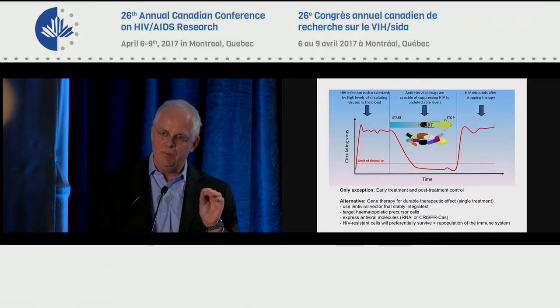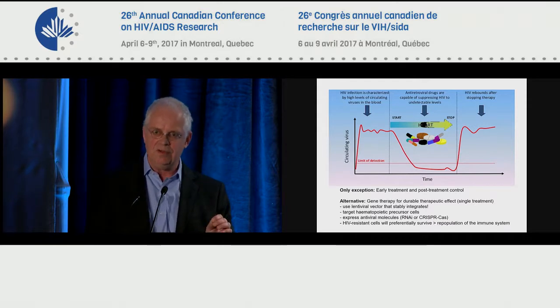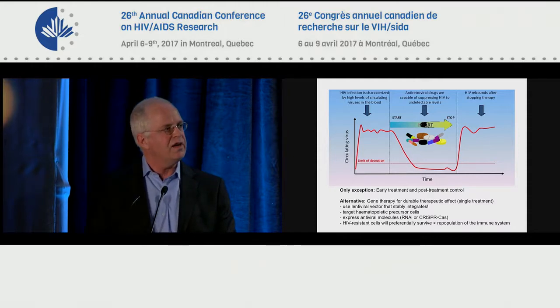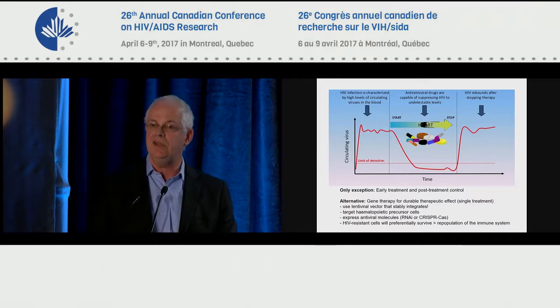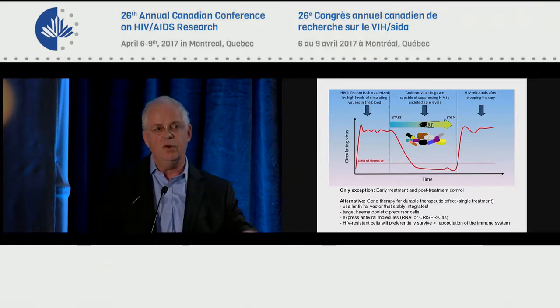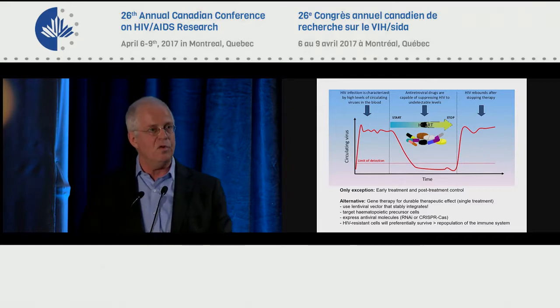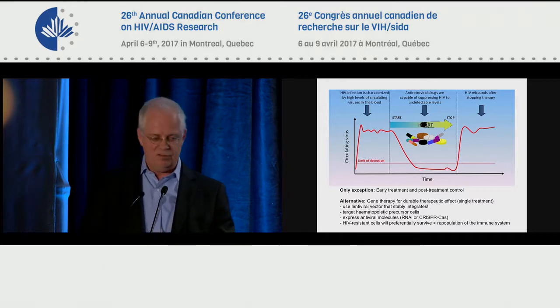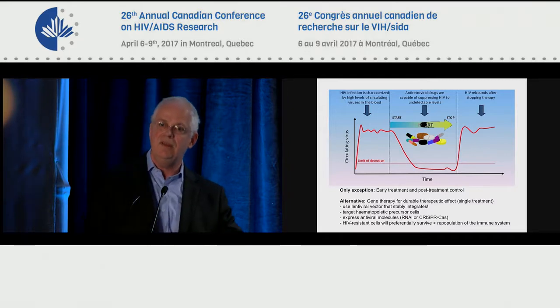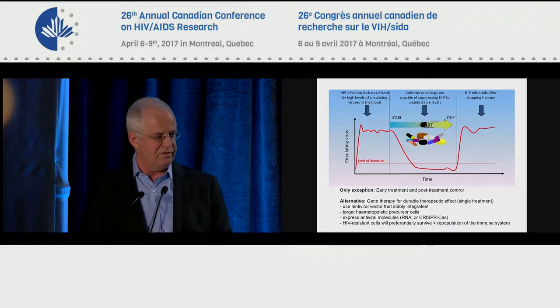We purposely choose this vector because it's based on HIV-1, and it also integrates, and you need that integration to get a durable effect. The target cells we have, I'll show in the next slide, are hematopoietic precursor cells, and if you modify these cells, then all the progeny, like T cells of course, but also monocytes and dendritic cells, should be modified and hopefully protected against HIV-1.